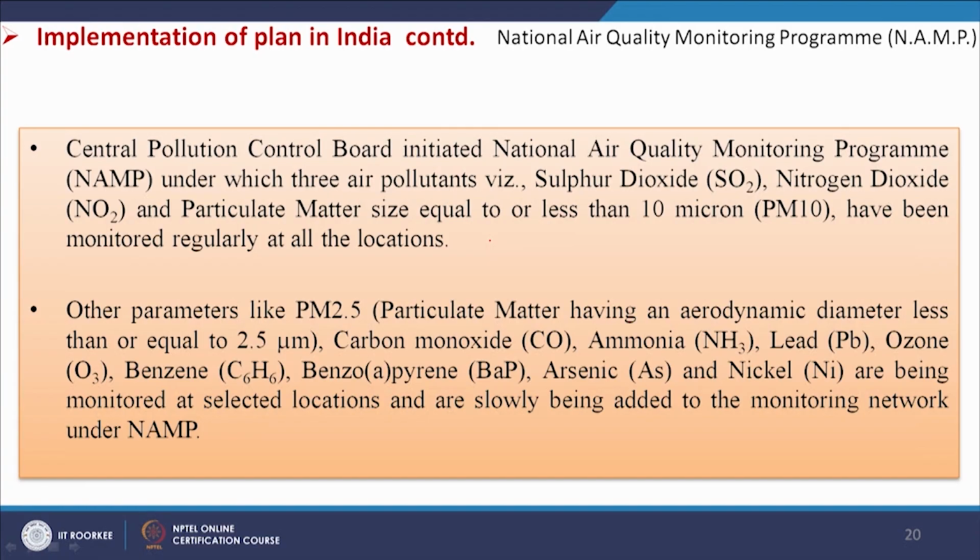Other parameters like PM 2.5, particulate matter having an aerodynamic diameter less than or equal to 2.5 micrometer, carbon monoxide, ammonia, lead, ozone, benzene, benzopyrene, arsenic and nickel are being monitored at selected locations and are slowly being added to the monitoring network under NAMP, the National Air Quality Monitoring Program.